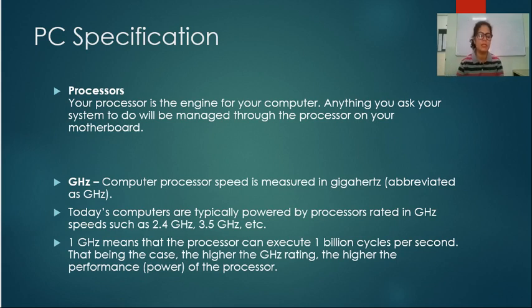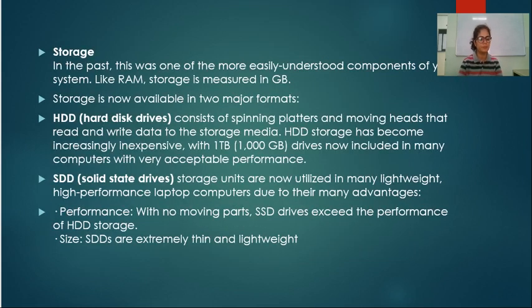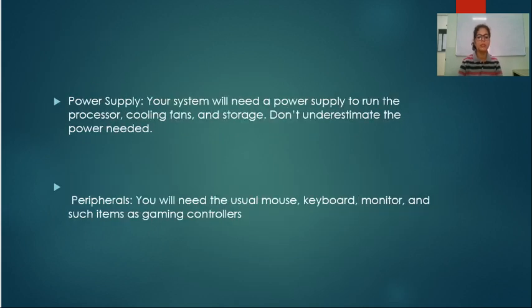Inside the PC specification, we have studied the processor, gigahertz, that is the speed of the computer, and how we have to check the speed of the computer, then RAM, storage media, then motherboard, graphics card, power supply and the peripherals. All these things come under PC specification.